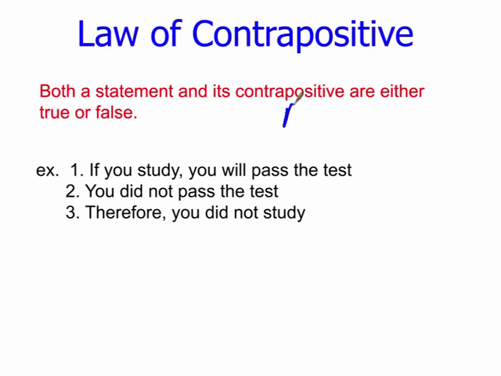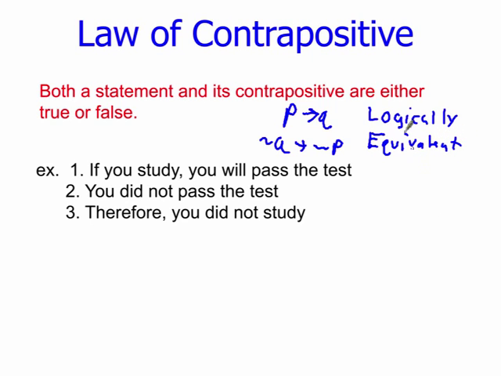Remember, if I've got a statement that looks like P implies Q, its contrapositive is not Q implies not P. As we discussed in an earlier video, these are logically equivalent statements, because they have the same truth value. I can't have one be true and the other be false. It's basically two ways of saying the same thing.